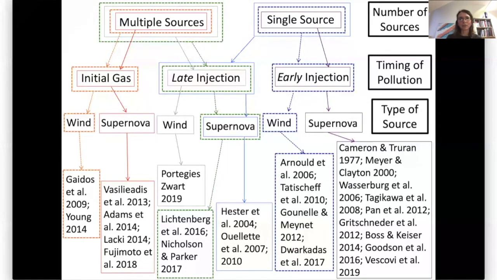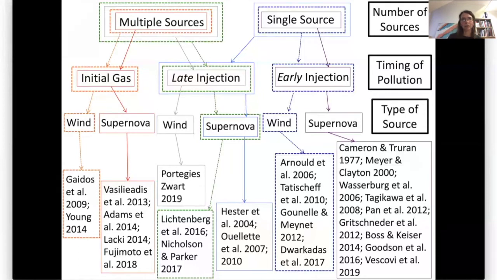But this is not the only thing we can divide the different papers by. We can also look at the timing of the pollution. When did that happen? So we had the idea that maybe these multiple sources already polluted the initial gas in a primordial pollution. So the gas from which stars like the sun form is already naturally enriched in aluminum-26.